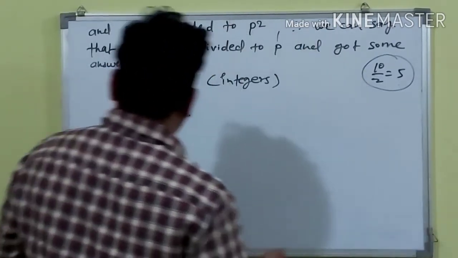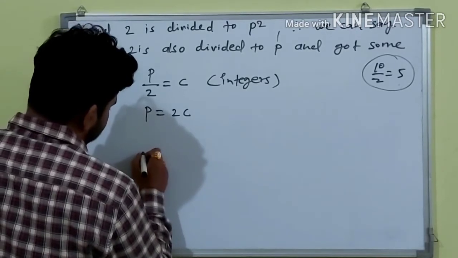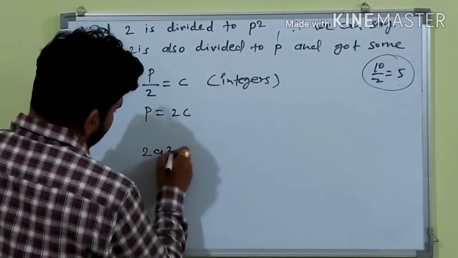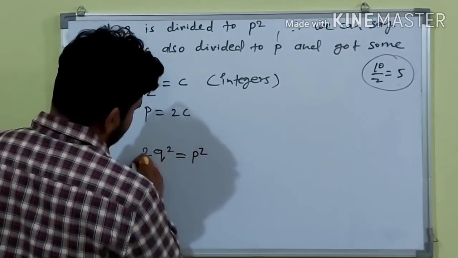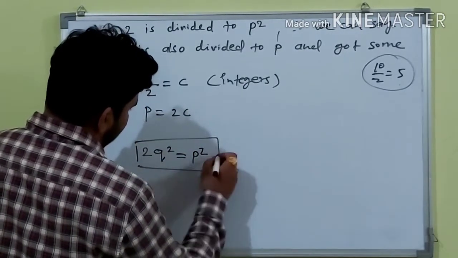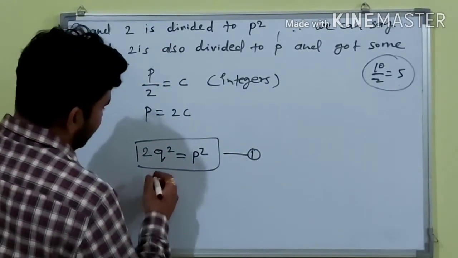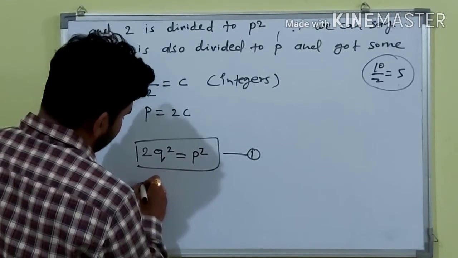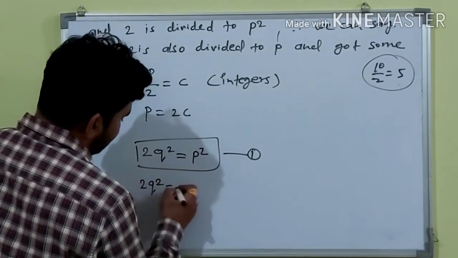and putting this in our previous equation, that means the equation is 2q square. This one is equation p square, you know that. This is the equation we discussed earlier in this question. We can put the value of p in this, and we got 2q square is equals to p square.